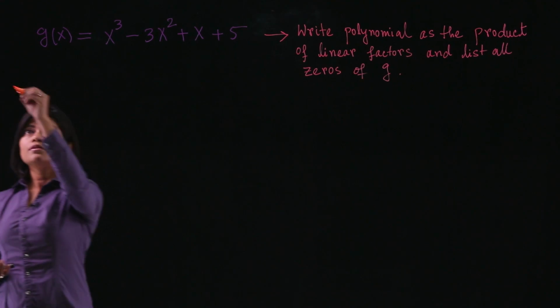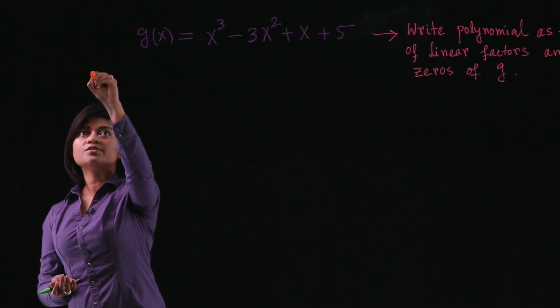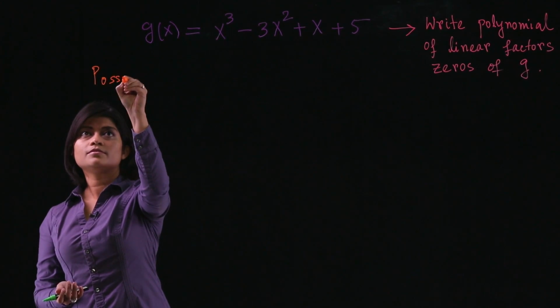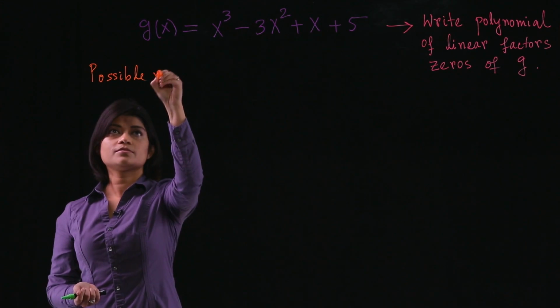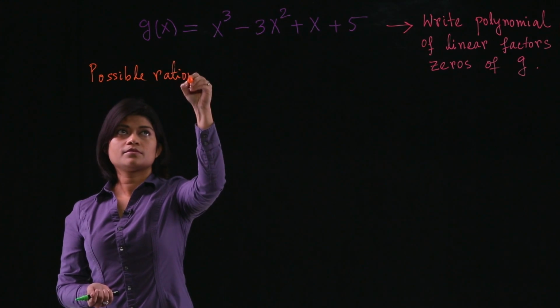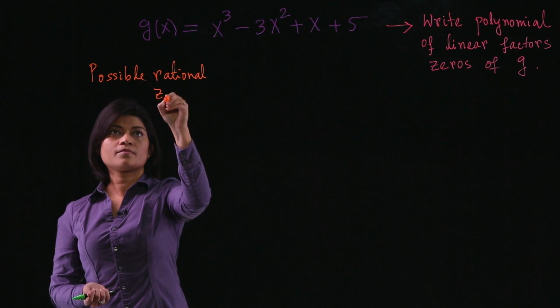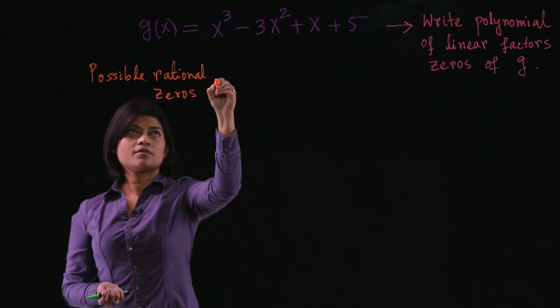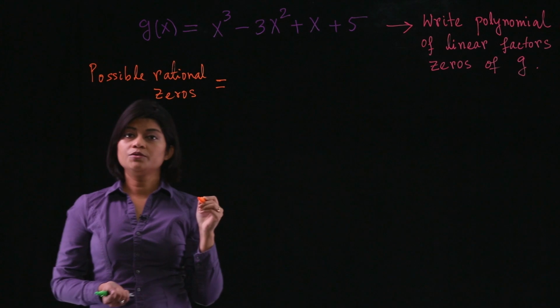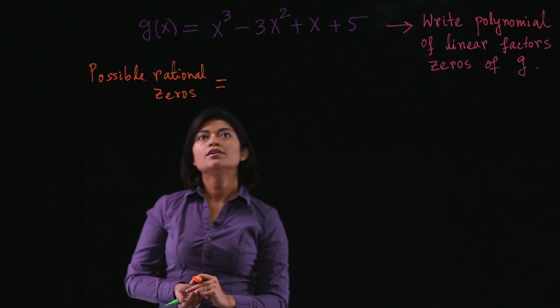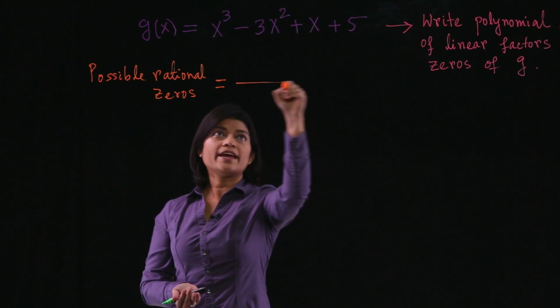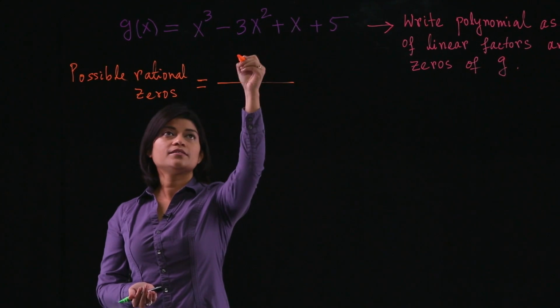So, how to find possible rational zeros? Well, you know that the possible rational zeros, which would be real zeros, can be found this way.